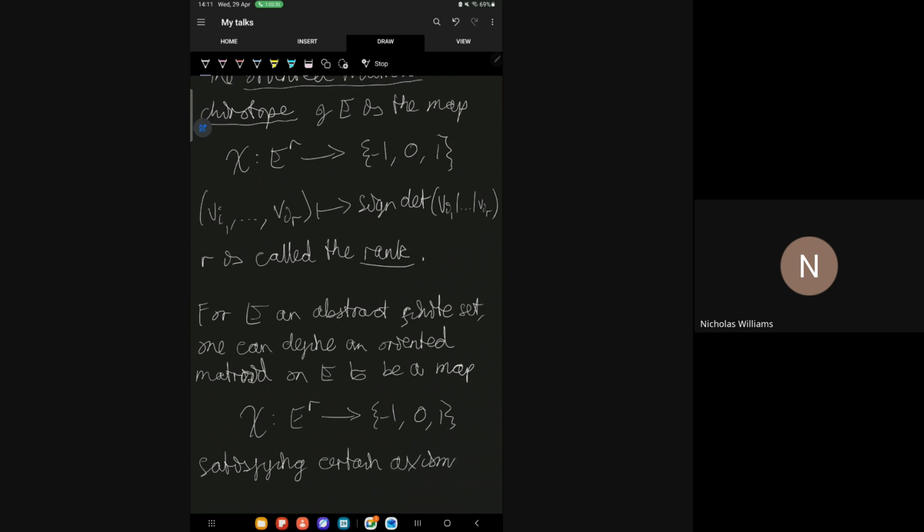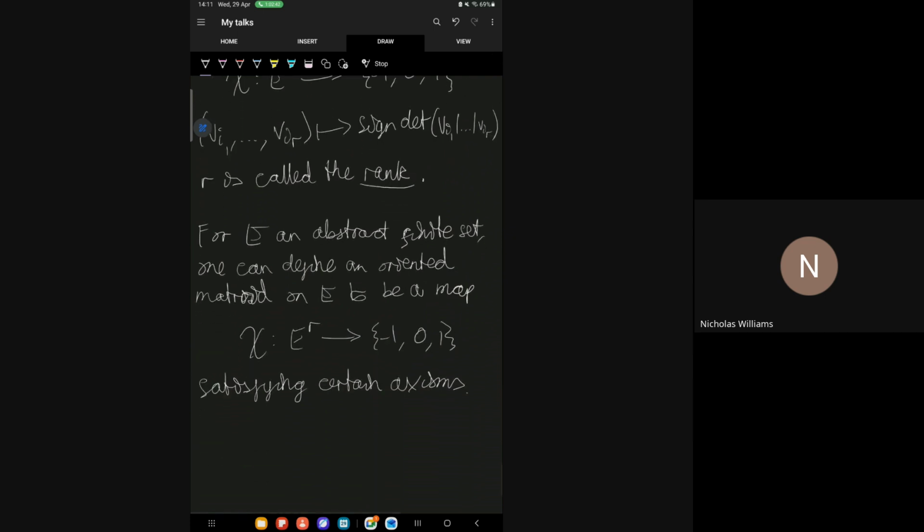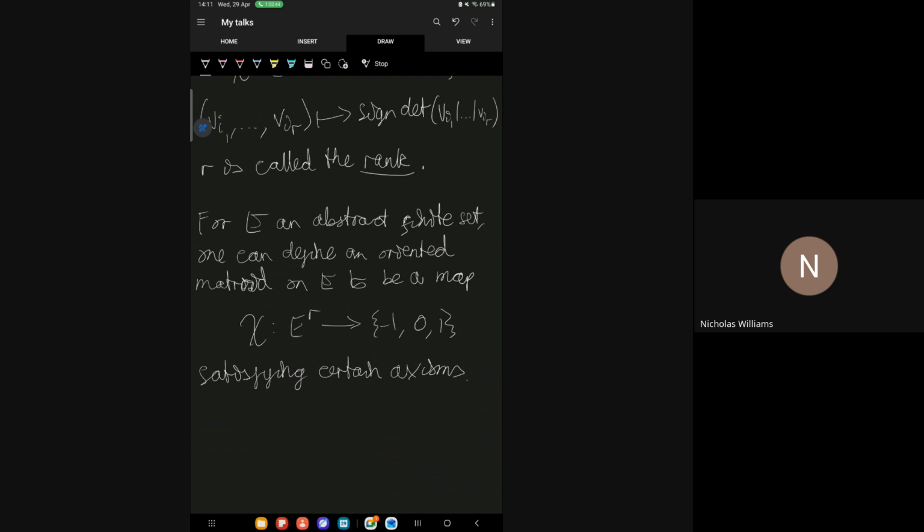I won't spell out the detail of what precisely the axioms are. But somewhat surprisingly, given that the structure looks quite simple, it turns out there's quite a lot one can do with this. And in particular, one can define triangulations of these.